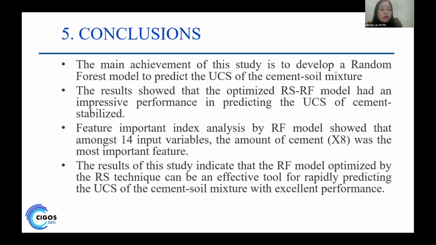The result of this study indicates that the RF model optimized by the RS technique can be an effective tool for rapidly predicting the UCS of the cement soil mixture with excellent performance.